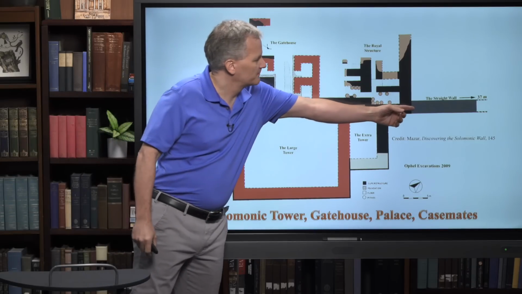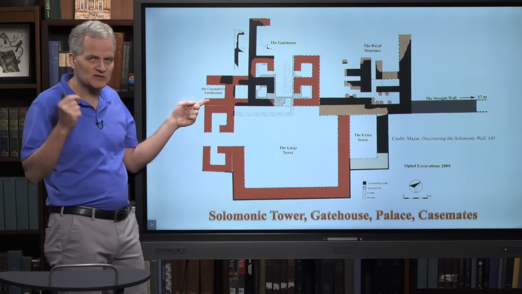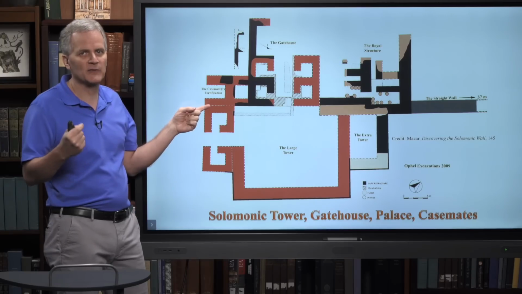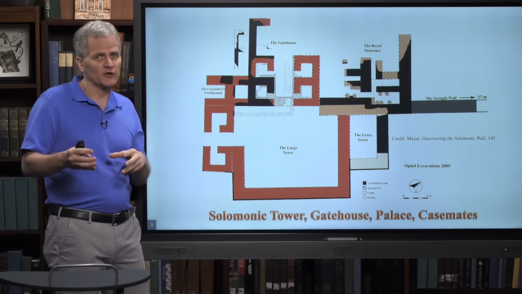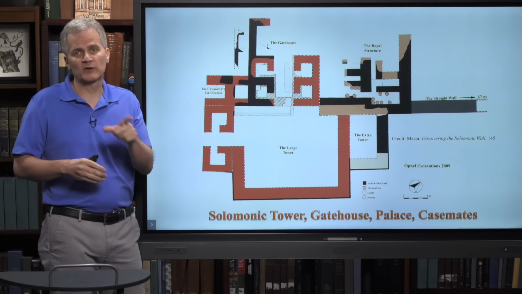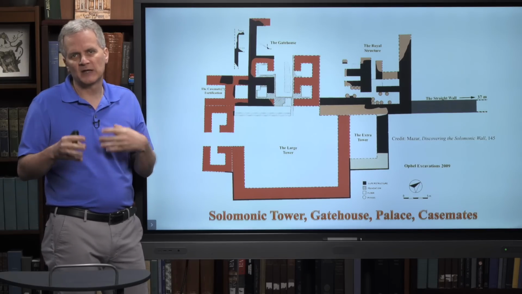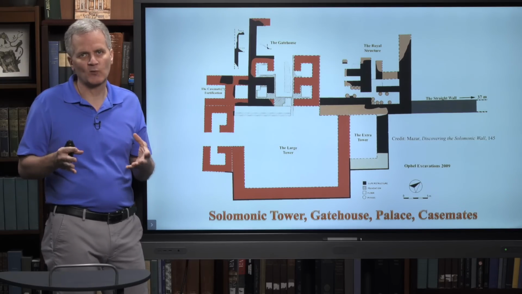But you have a straight wall going this way, and then here you have this specific kind of wall called a casemate wall, which we saw earlier was used in Canaan in the period before the Israelites arrived. But it's not very popular. There are not very many periods in time where you see casemate walls.